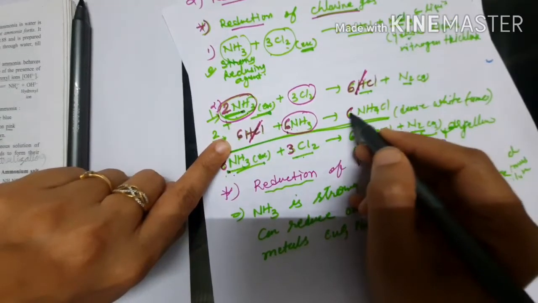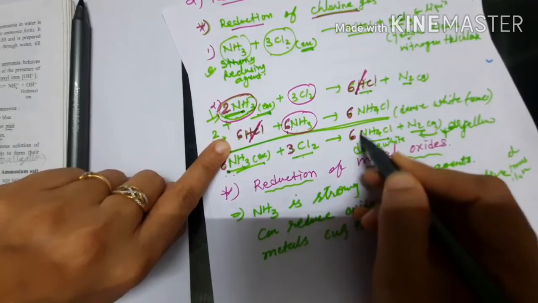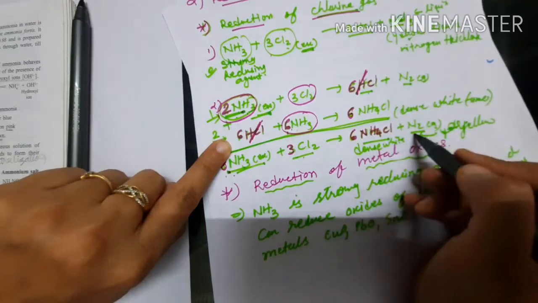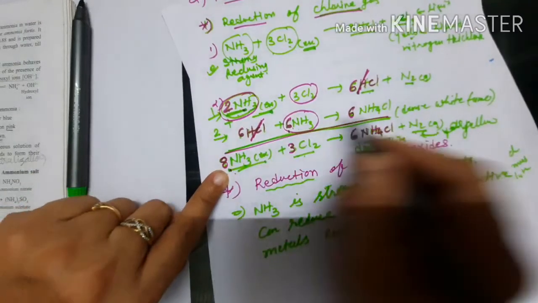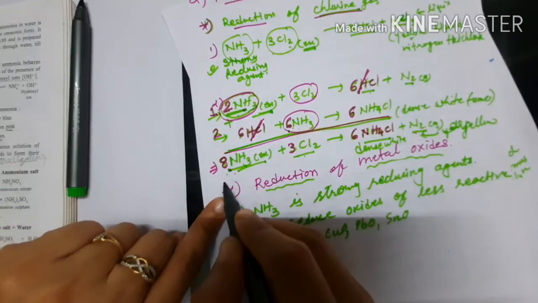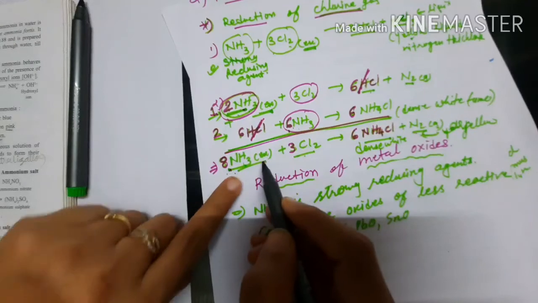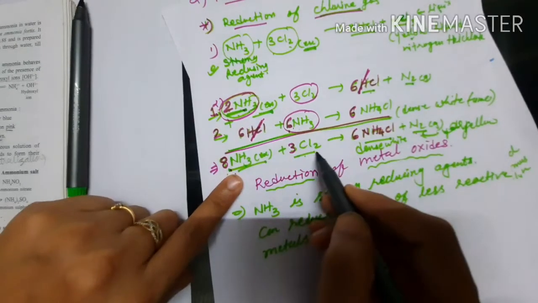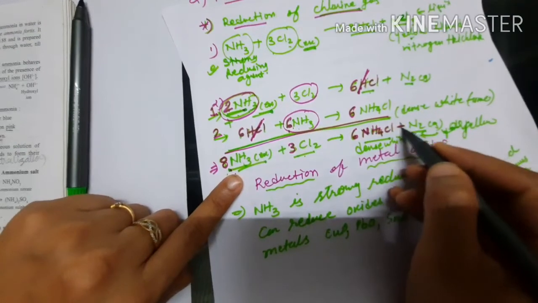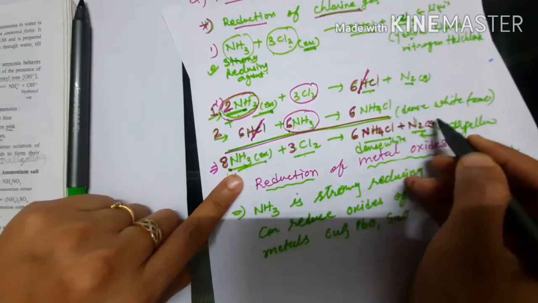Now 6NH4Cl as it is, and N2 gas. So at the end of step number 1 and step number 2, the main reaction is 8NH3 excess reacting with 3Cl2, converting into 6NH4Cl plus N2 gas.